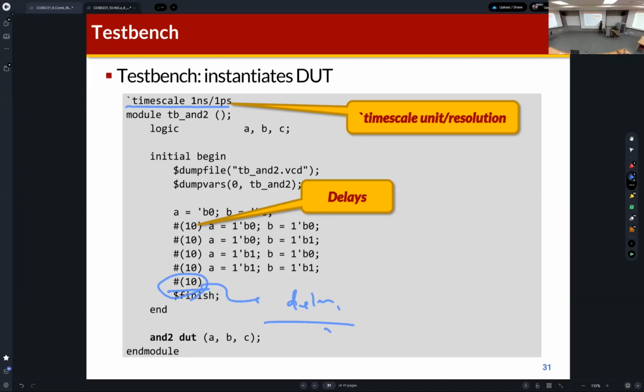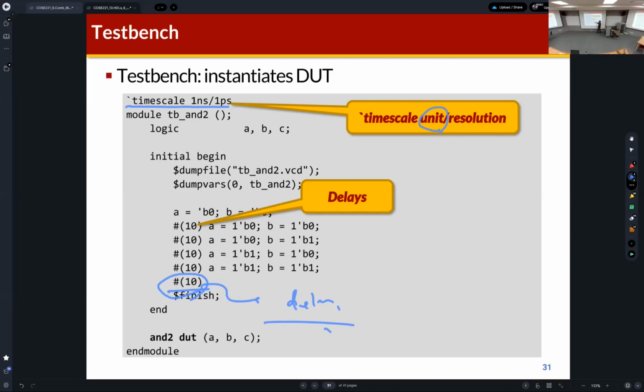This is just a definition, very similar to a definition in C. The timescale means that in this SystemVerilog code we will use delays, and the timescale sets the unit of the delay, the time unit, and then the resolution, the possible resolution. In this testbench code, I set the timescale as 1 nanosecond and 1 picosecond.